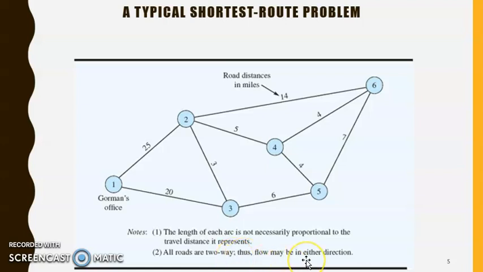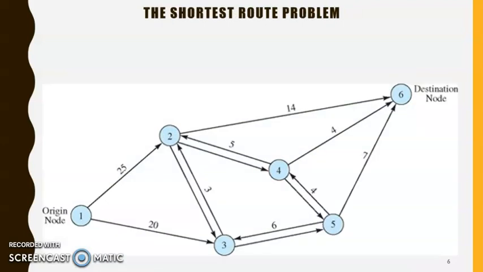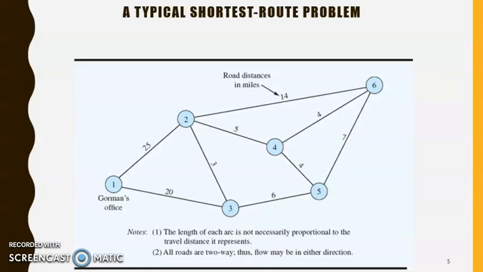Thus, flow may be in either direction. But here, since it wants to make it more educational, it shows you the direction of the arcs as well. So these two things are exactly the same. Let's compare these two things together.